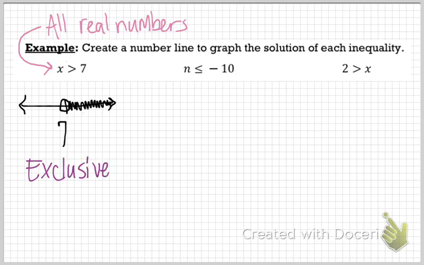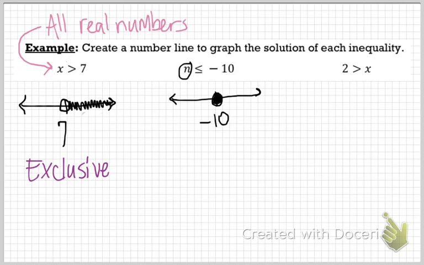And next, inequality. Let's say this was our solution. Notice this is not an equal sign anymore. It's kind of like a slanted L, so it means less than. So this is saying that you have a number line. You're going to focus on the -10. Because of this inequality, less than or equal to, it means inclusive. So you do include the 10, so we need a closed circle.